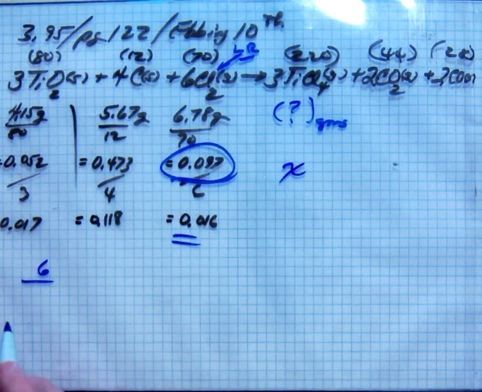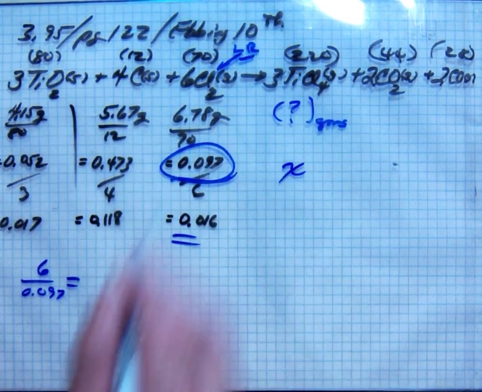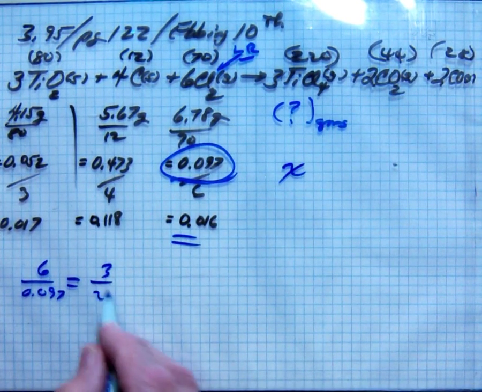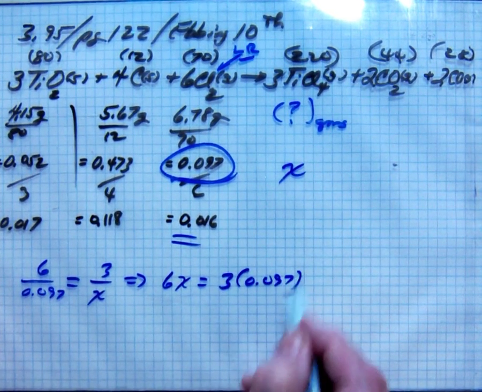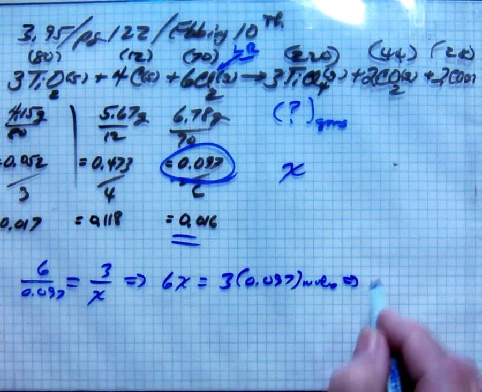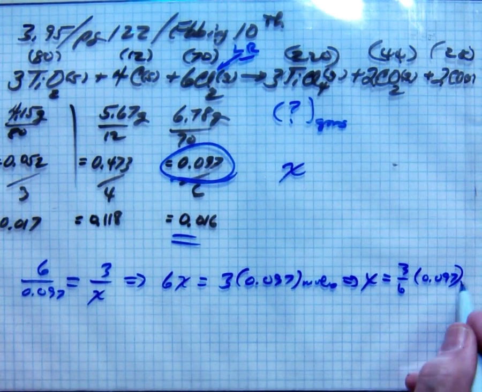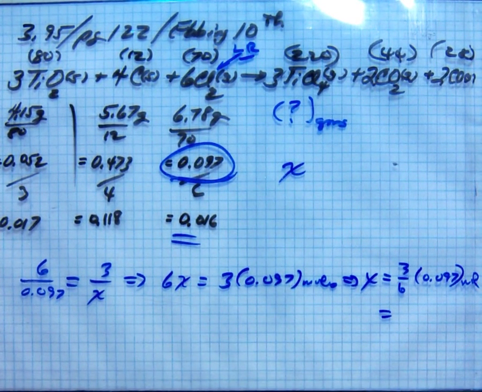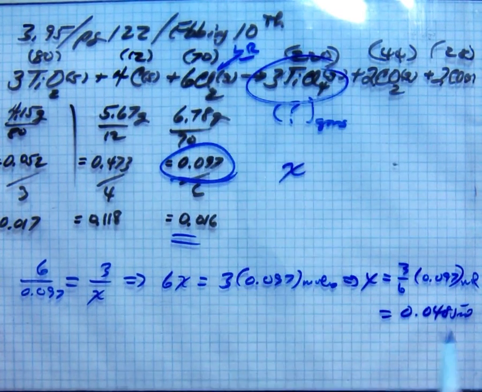6, right there, it's given. You calculated by dividing by formula weight, 0.097 is equal to 3 over x. So 6x equals 3 times 0.097 moles, which gives x equal to 3 times 0.097 divided by 6, which is 0.0485 mole of the titanium chloride.